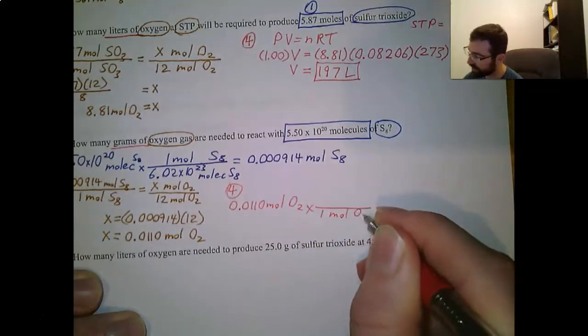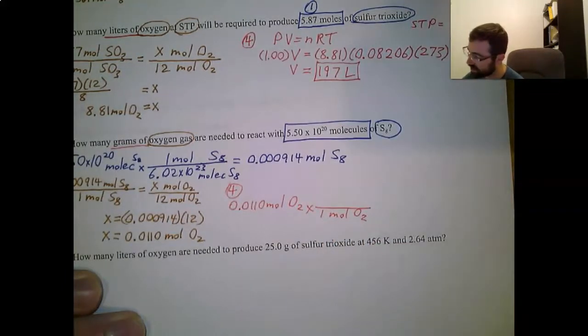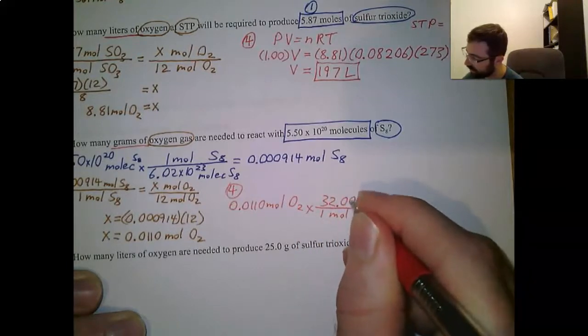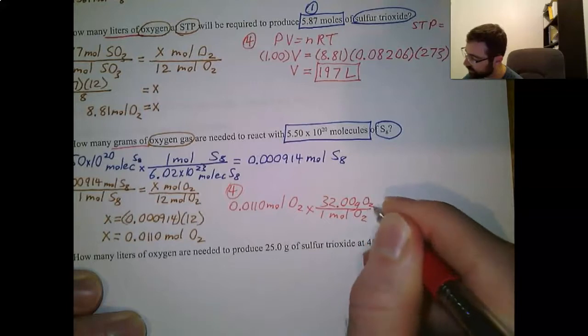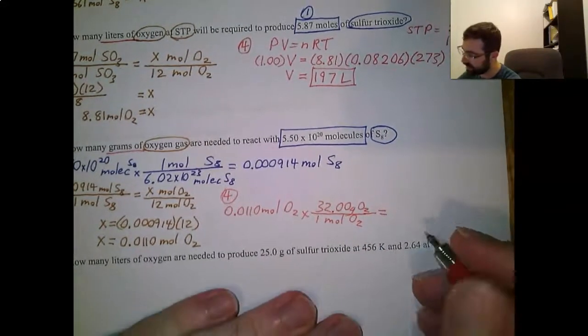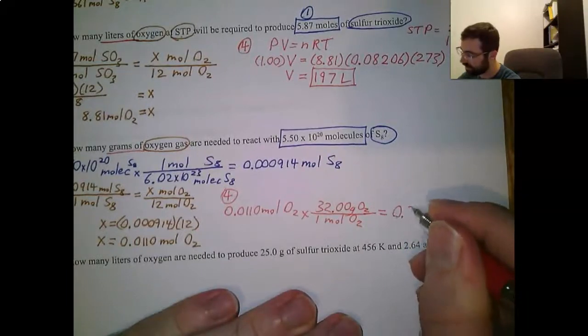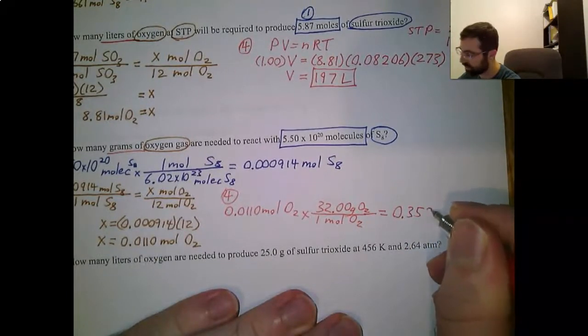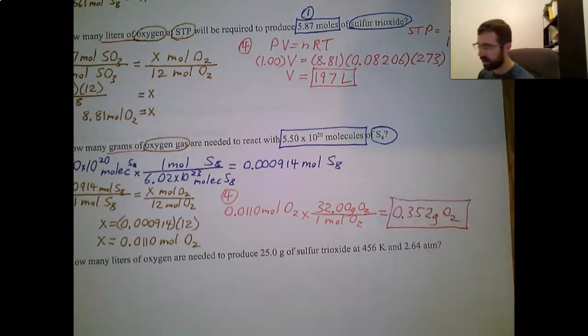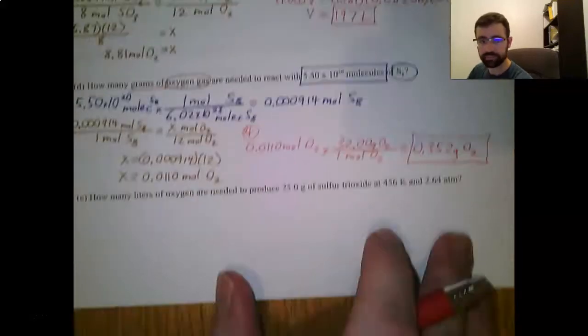And then on top I need my molar mass, which is 32 grams of O2 in 1 mole. And when you multiply that, you should get 0.352 grams of O2. That's part D.